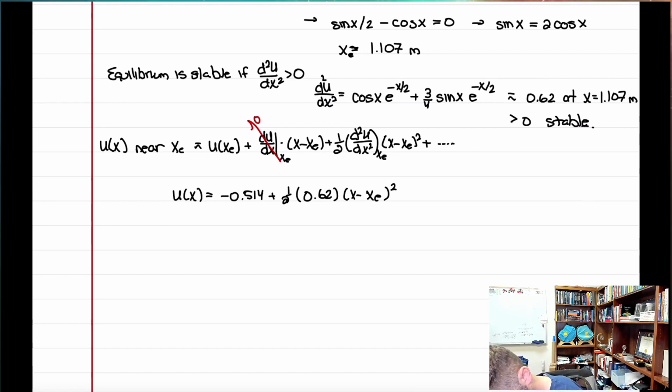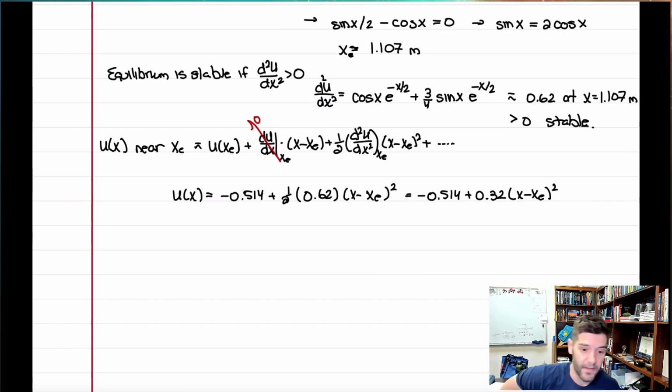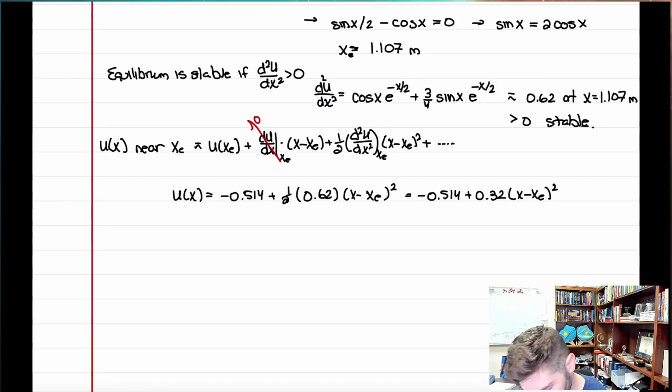So it looks like negative 0.514 plus 0.32 x minus x sub e squared is an approximation for the potential energy function. Some constant plus 0.32 times x minus x sub e squared.